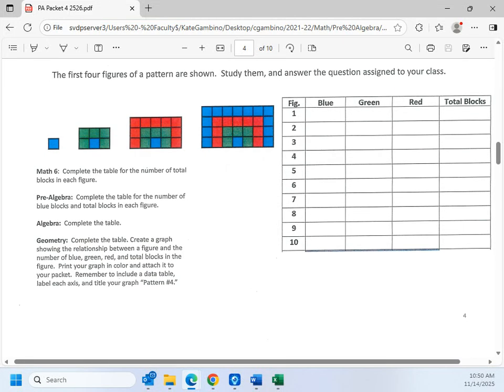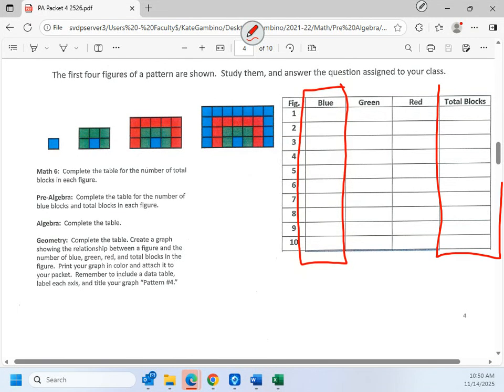We need to complete the table for the number of blue blocks and the total blocks. So let's fill in what we know. 1 blue, 0 green, 0 red is 1 total. 1 blue, 5 green, 0 red is 6 total.